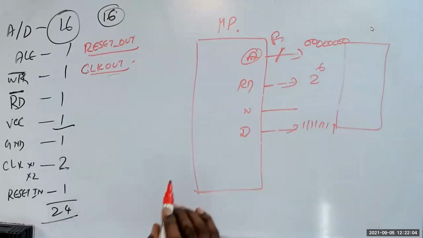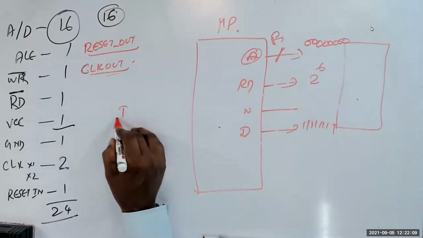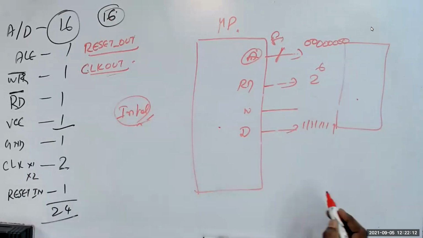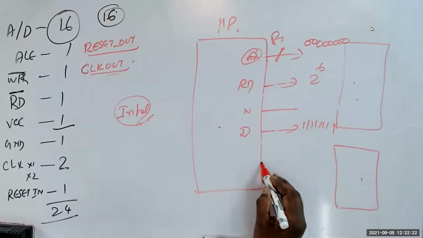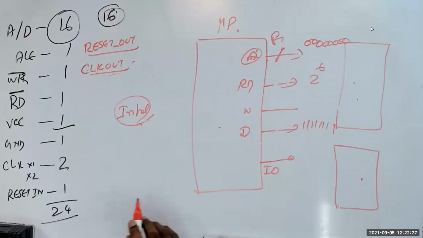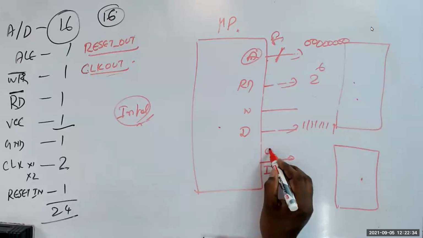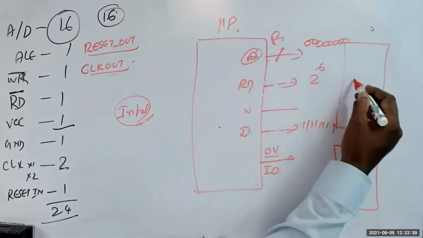That means your microprocessor will have one memory space, but Intel thought they would get one more address space. But how do you decide whether an address belongs to here or here? For that, they gave one more signal called IO. If the IO pin is 0 volt, then they are accessing the memory.